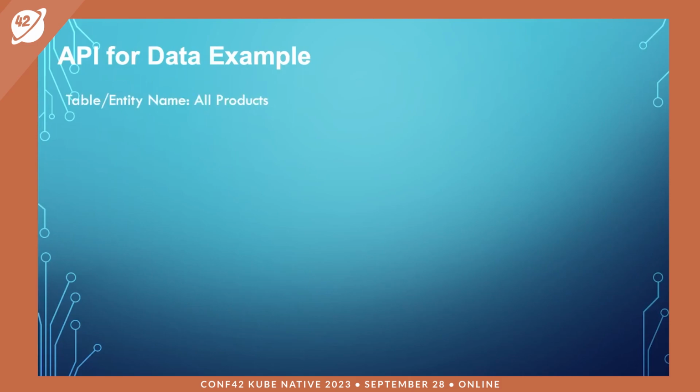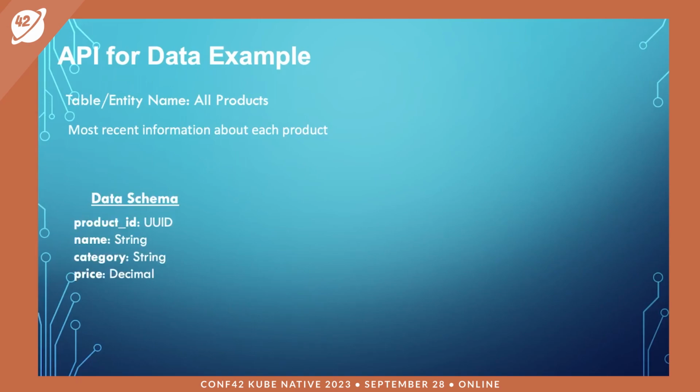So let's say that we want to create this kind of table or entity of products which contains information about products. What do we consider the API of this kind of product dataset? Well, data schema, very important. For example, in this case, the different column names and the types of each column are part of the data schema definitions. What else?